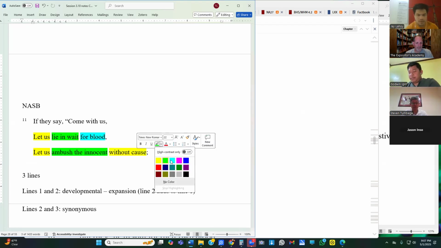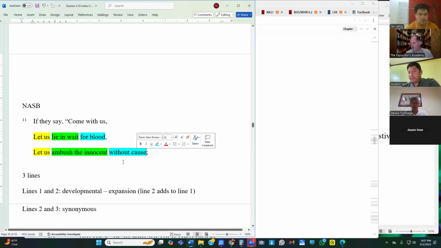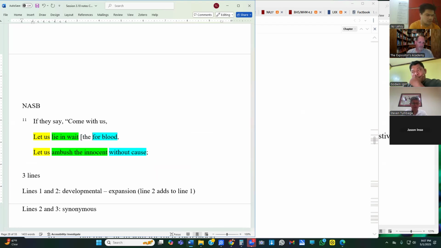So it's close. It's not clean. It's not an exact synonym, but it's a similar idea, right? He doesn't say the innocent in verse 1. So I don't know if it's an ellipsis there or not, but he's presenting a similar idea, two statements that are similar to one another.